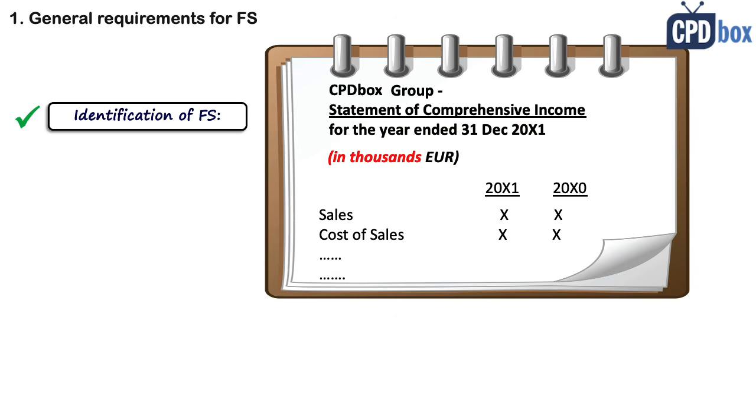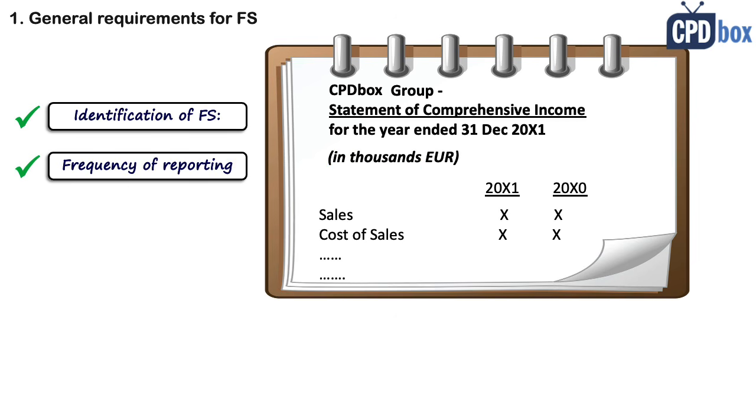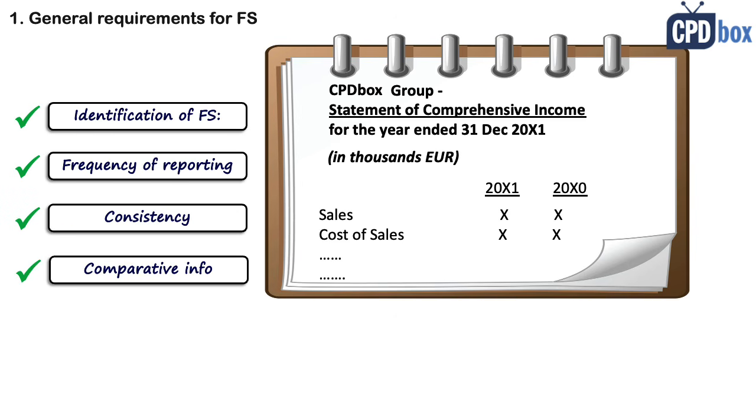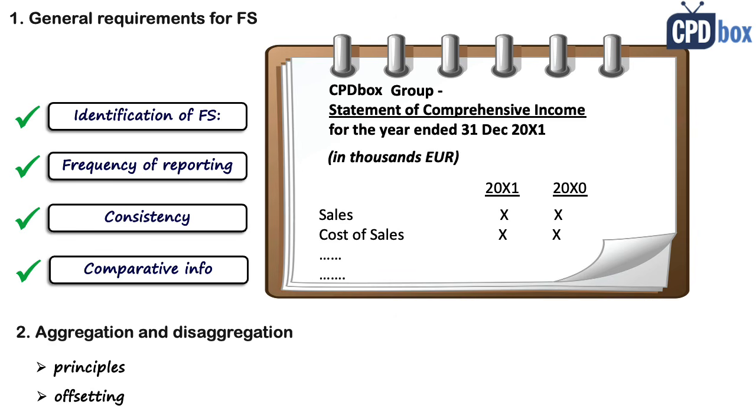And then IFRS 18 provides a few more principles about the frequency of reporting, so how often you should present the financial statements, consistency, and comparative information. Now, a separate section is dedicated to aggregation and disaggregation, speaking about the principles of which items to group and which to break down, and about offsetting. So that's for the general part.